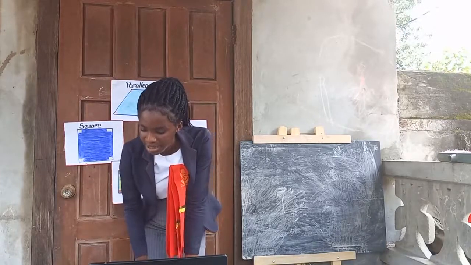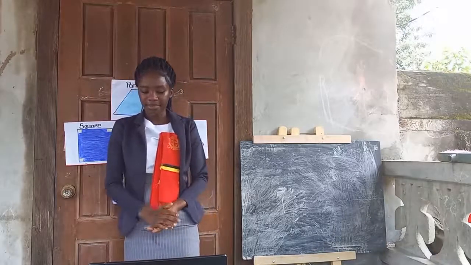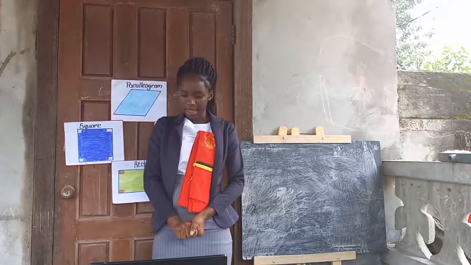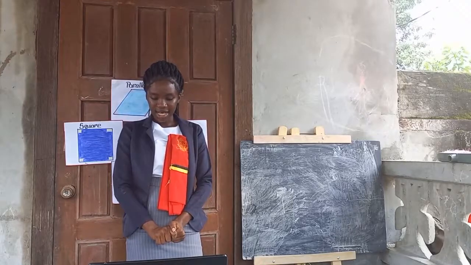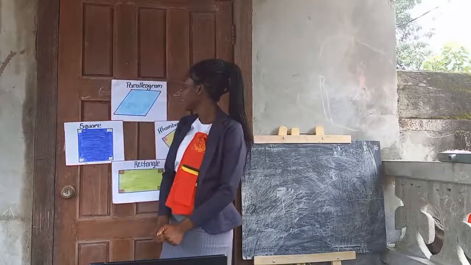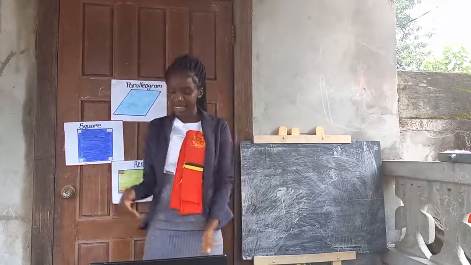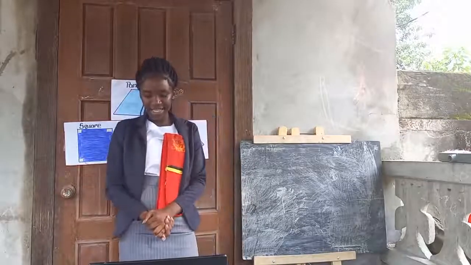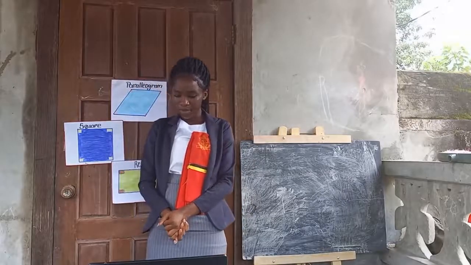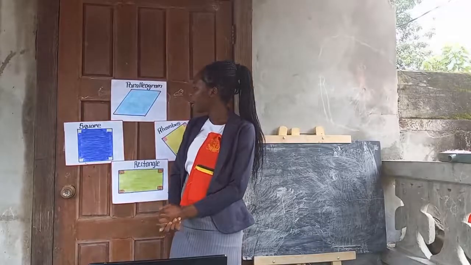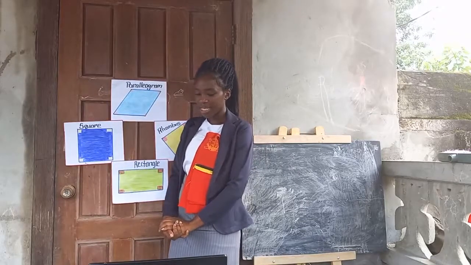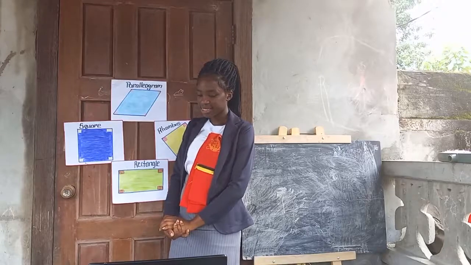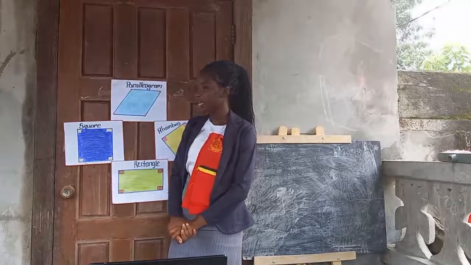But can anyone tell me what is a parallelogram? Yes, Ishmael. It's a 4-sided figure. Well, yes, it does have 4 sides. Anything else you can see? They have parallel lines. Very good, Alicia. Anything else? 4 angles.